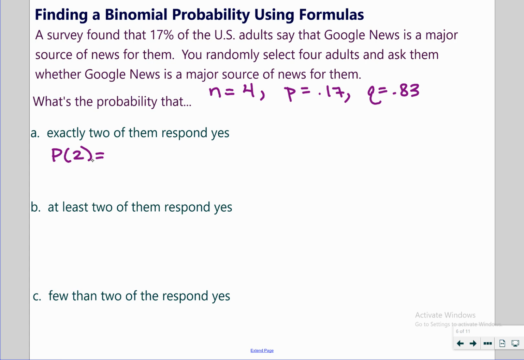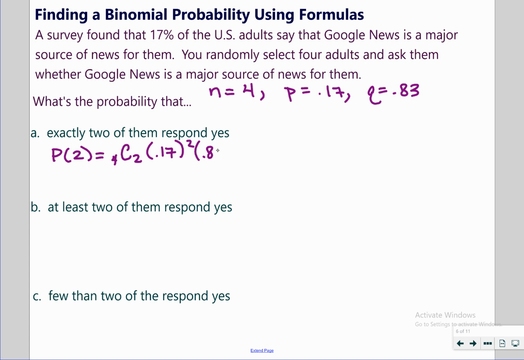Find the probability that exactly 2 of them will respond yes. Okay, can somebody set it up for me? What's it going to look like? We just don't want to talk because it's first period. 4 choose. How many am I choosing? 2. And then if I take 0.17, what power is it going to go to? 2.